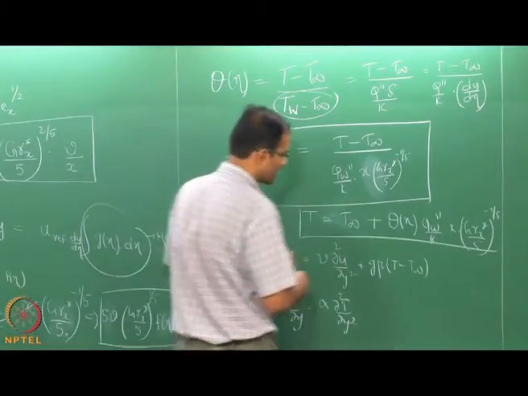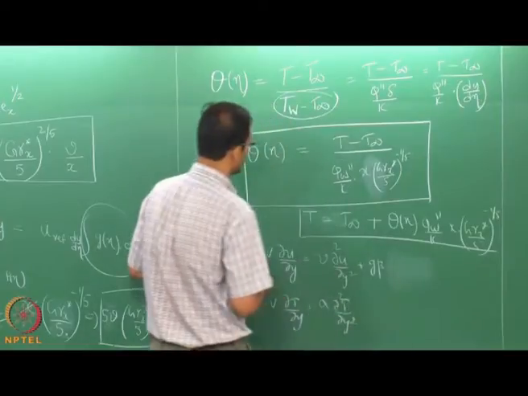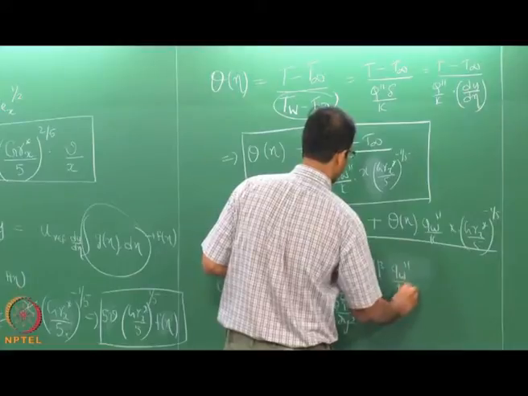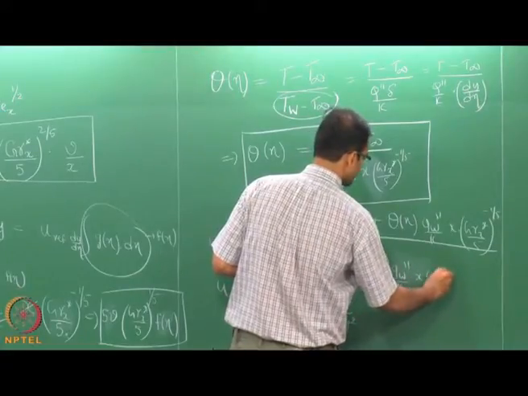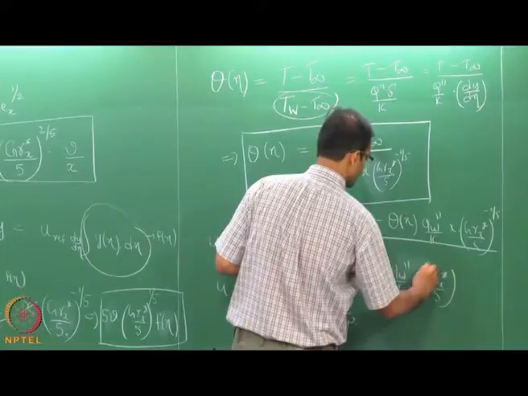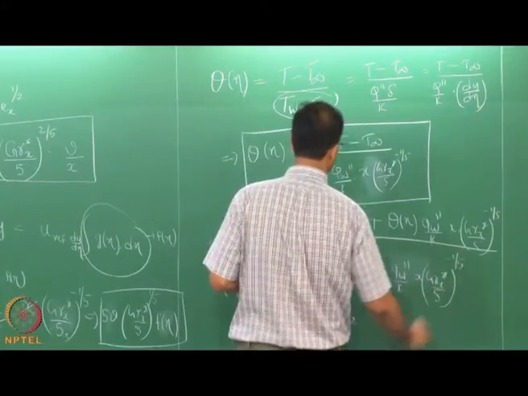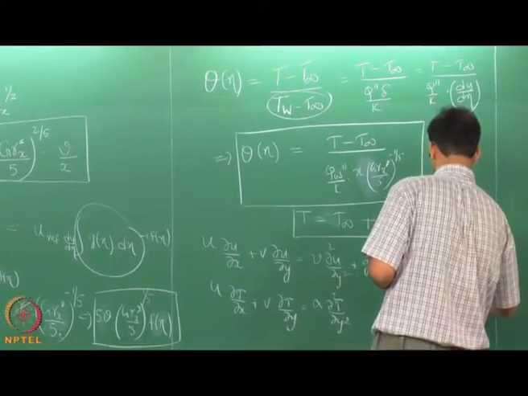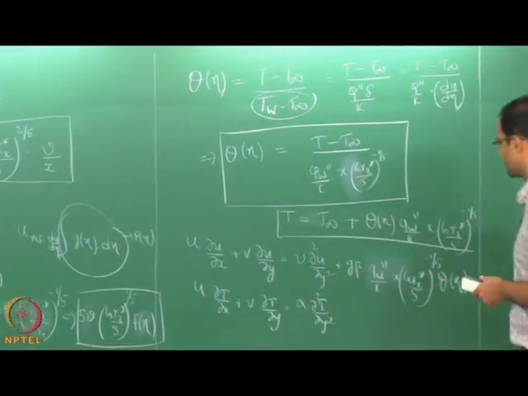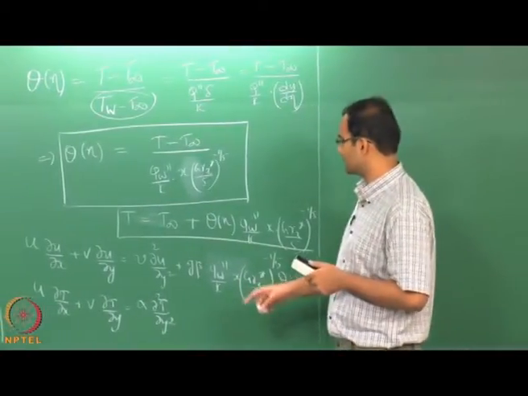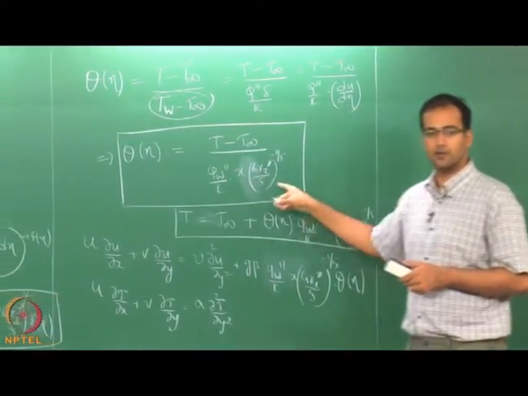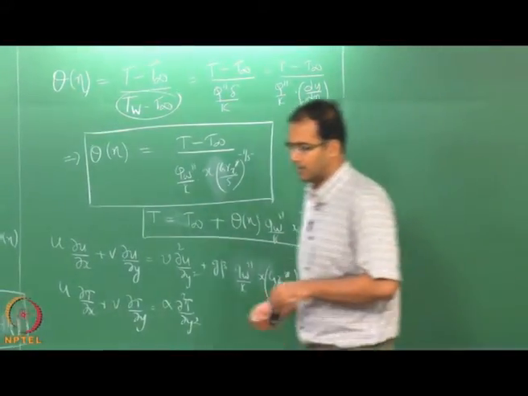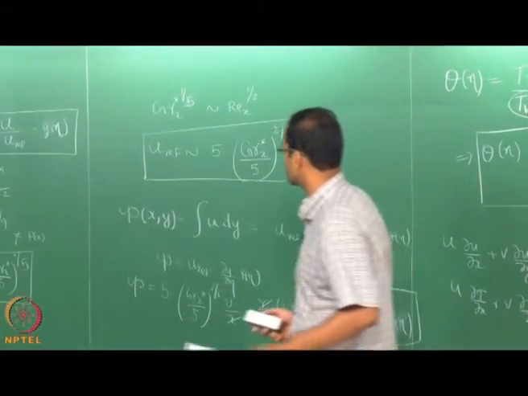So, your g beta T minus T infinity will be again g beta into q wall by k x into, correct. So, your T minus T infinity is resubstituted through this. So, similarly you complete the exercise and I will give you the final solution.